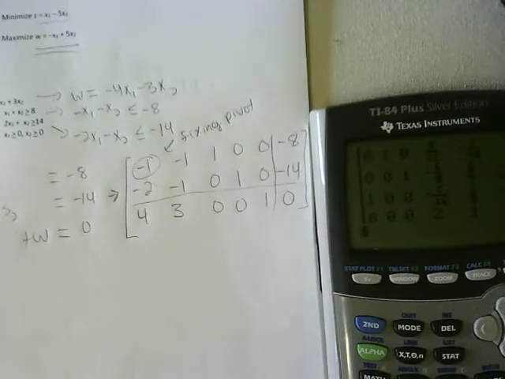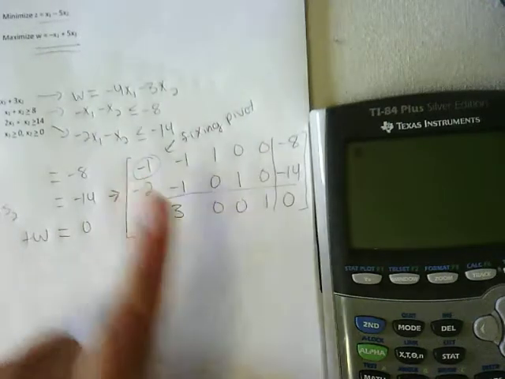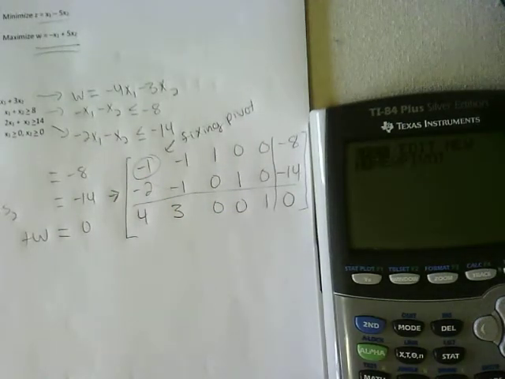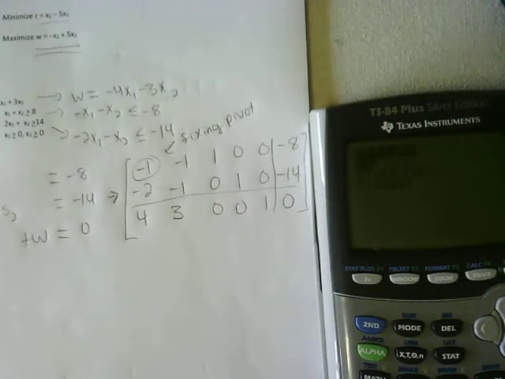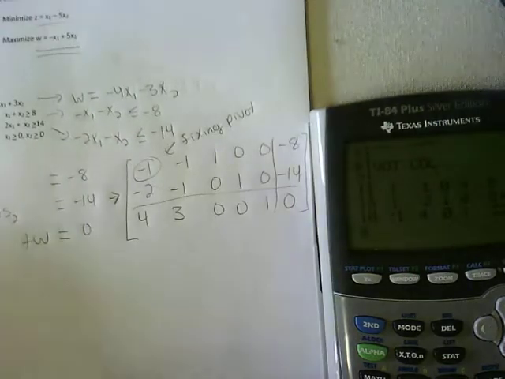All that was to go ahead and pivot off my first element, row 1, column 1. So I'm going to go to PRGM, hit enter 3 times, and I want row 1, enter, column 1, enter. There is my matrix.